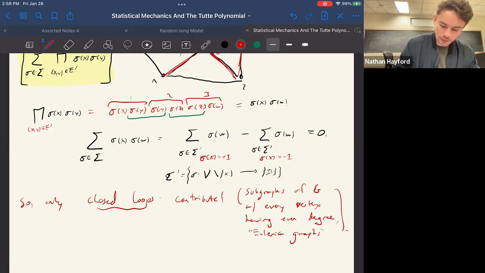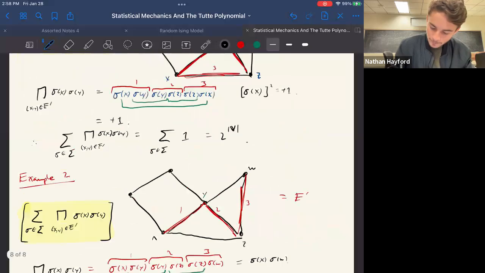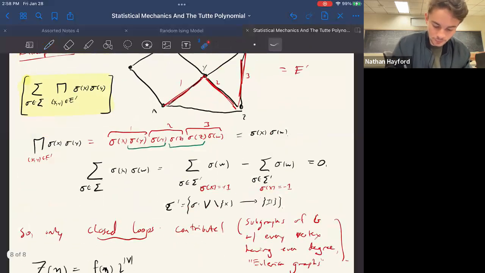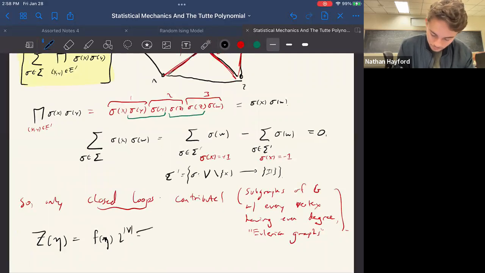So actually what I just found is the partition function counts something for me. So Z of eta is this function f tilde of eta, or f of eta, I think I called it. A factor of 2 to the size of the vertex set coming from this thing here. It's the same on anything with closed loops, times the sum k equals 0 to the size of E, c_k a to the k.